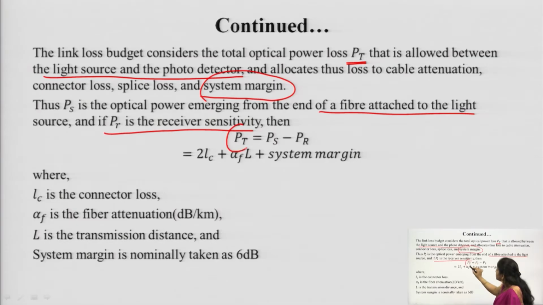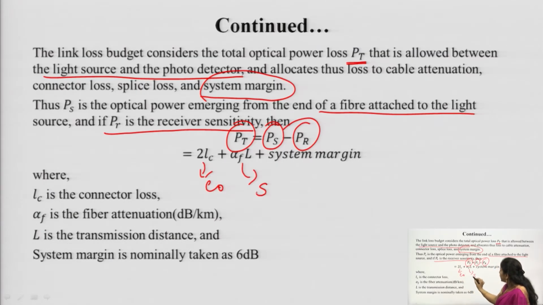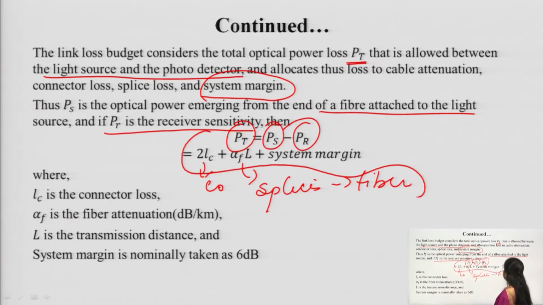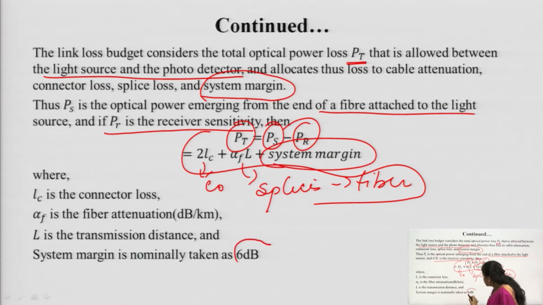Then the total loss is given by PT equals PS minus PR, the power emerging from the optical source minus what is received at the receiver section, and in between, whatever connectors, splices and fiber losses, all are considered in this system, and a small margin is also taken into account, nominally taken as 6 dB, just a safety margin.